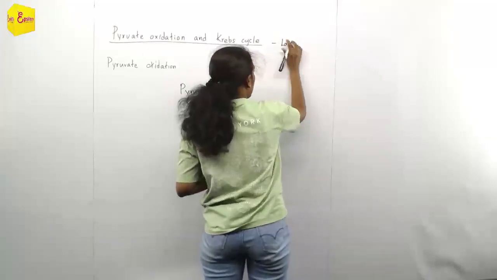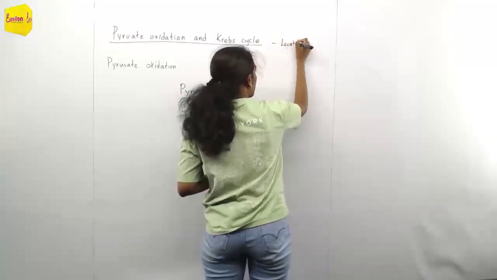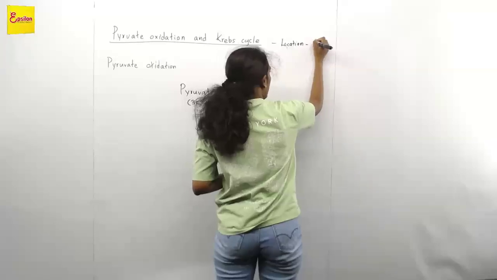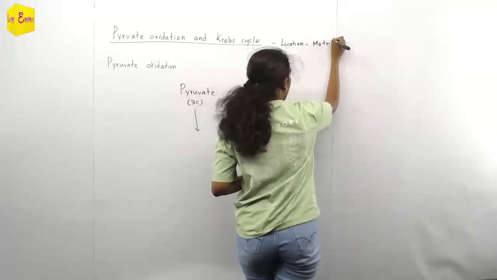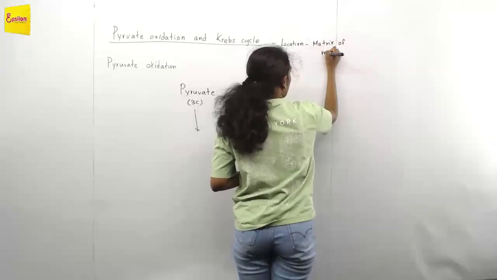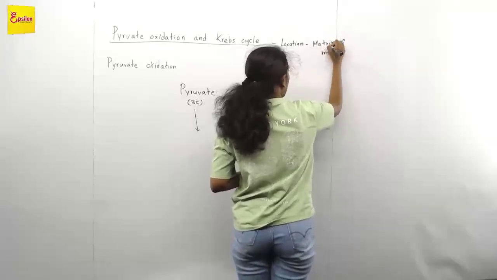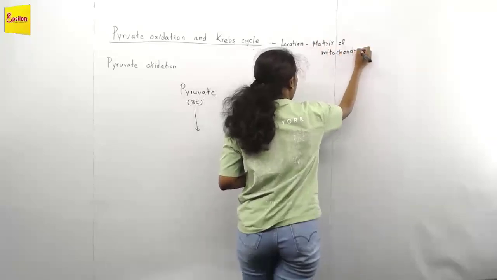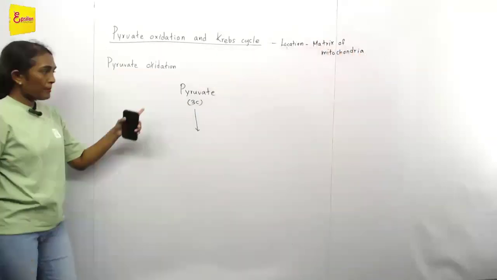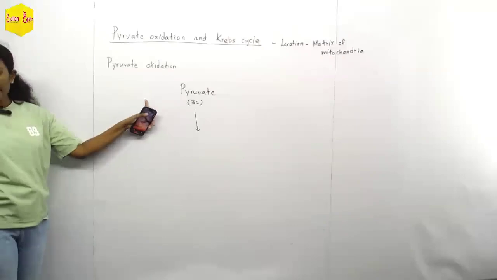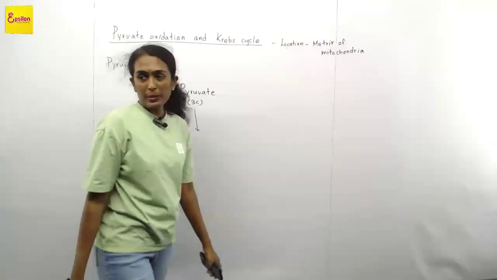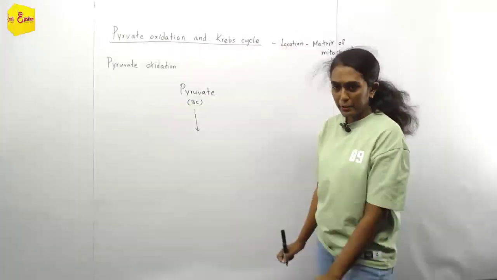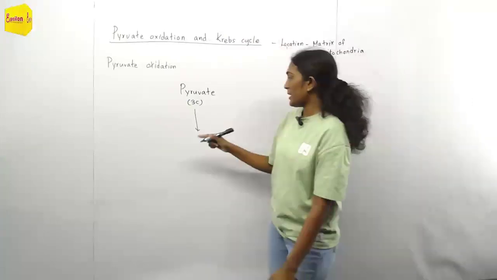The mitochondrial matrix, the matrix of mitochondria. Using some amount of ATP, the pyruvate is transported to the matrix of mitochondria. Now pyruvate is at the matrix of mitochondria.